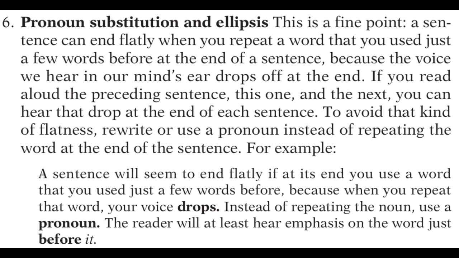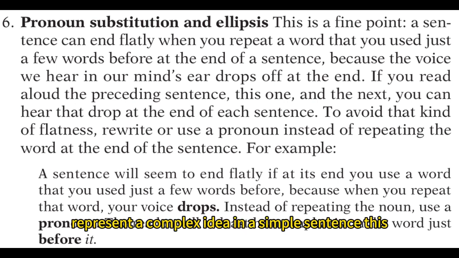And then in the next example, but more often you cannot what? You cannot do what? Apparently words, verbs are being omitted in here, right? It is sometimes possible to represent a complex idea in a simple sentence, but more often you cannot represent a complex idea in a simple sentence.